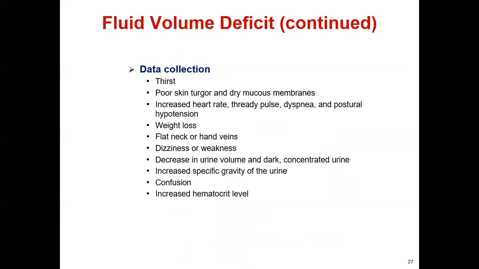Now, data collection. Easily getting thirsty, poor skin turgor, or body weight loss, flat neck veins, dizziness or weakness, decreased urine volume, increased specific gravity of urine, confusion, and increased hematocrit level.